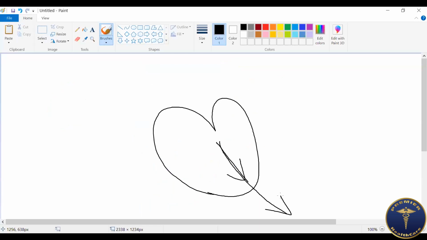There are some conditions where this axis would deviate. Sometimes the axis would go this way, left axis deviation, or the axis would go this way, right axis deviation. So different axis deviations could occur in heart diseases.